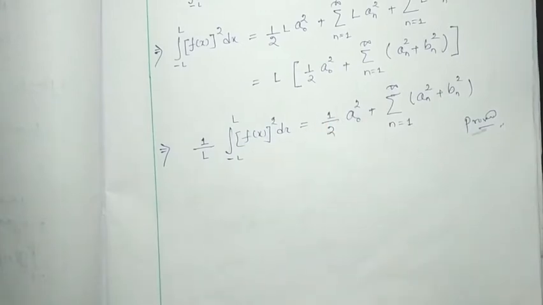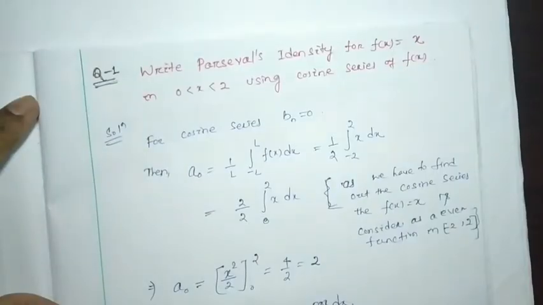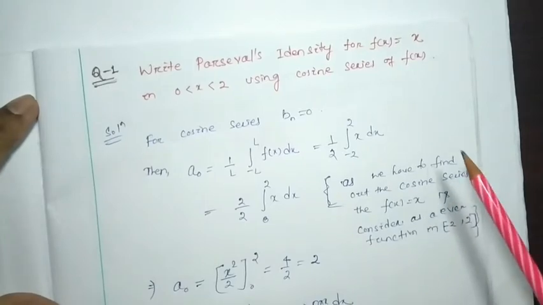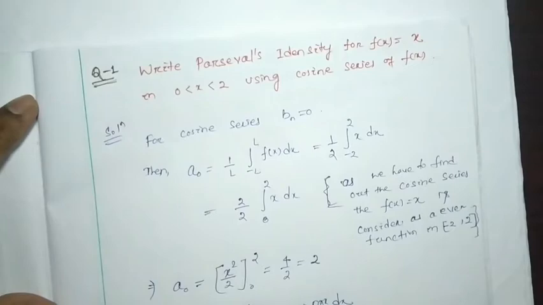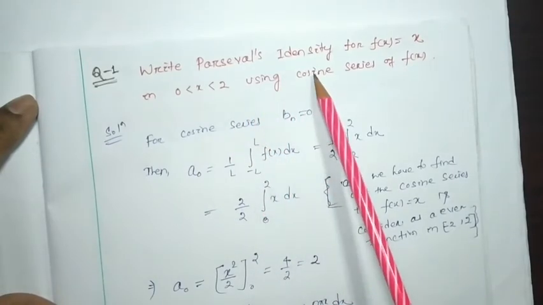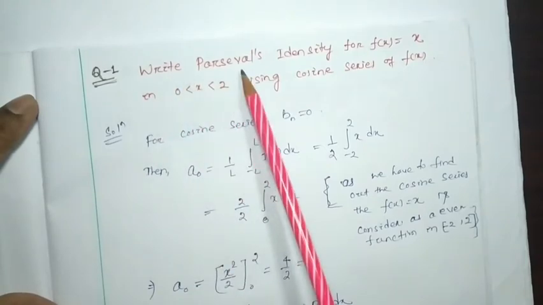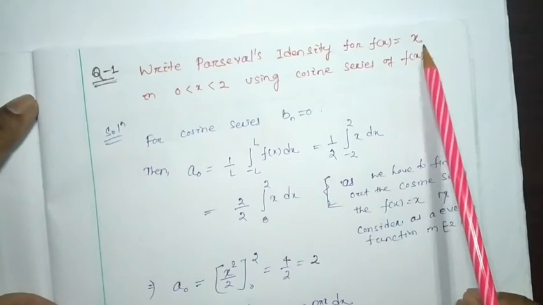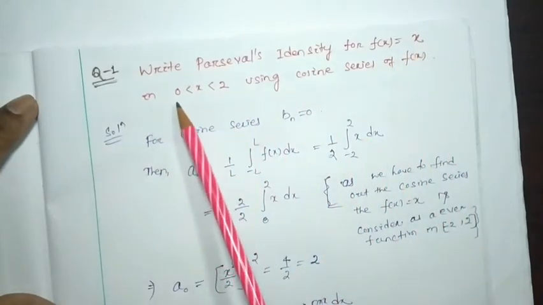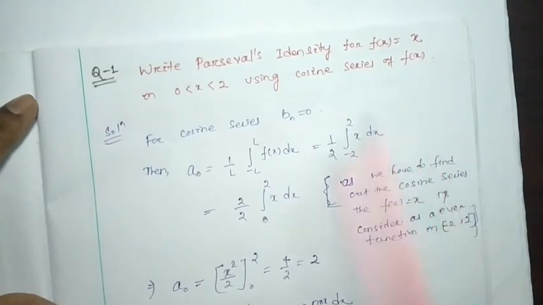Now we have to do a problem on the basis of Parseval's identity. So the question is: write Parseval's identity for the function f(x) equal to x in 0 to 2 using the cosine series of f(x).